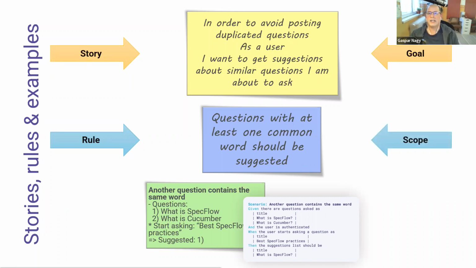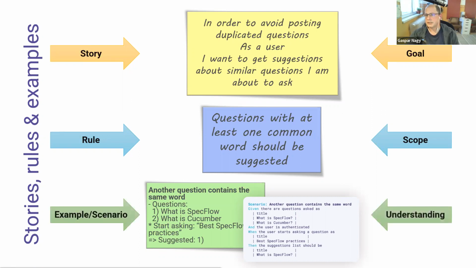So what kind of rules have to be fulfilled by that? And then if we have the rules, we can find examples for every single rule that are illustrating that rule and providing a better understanding of that particular rule. So that makes the final structure.